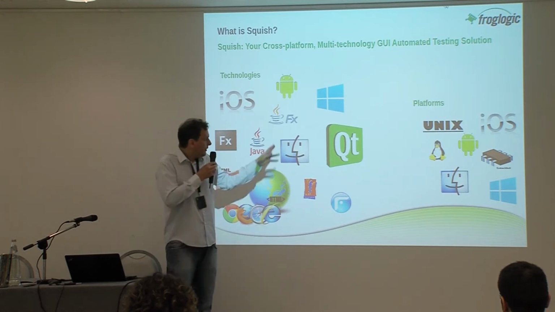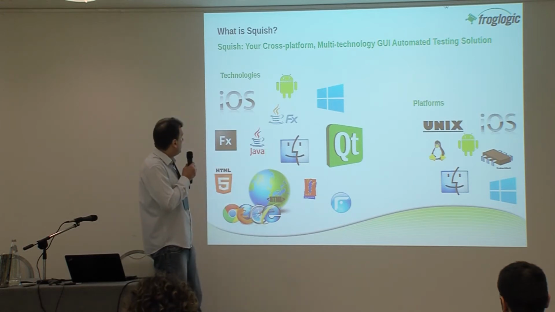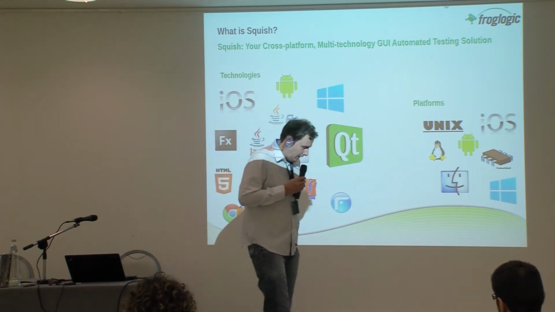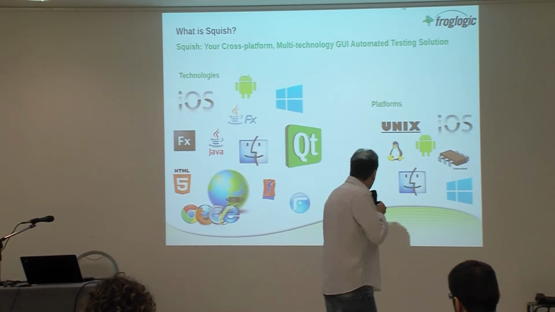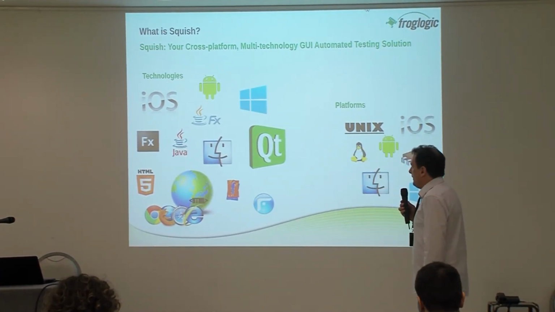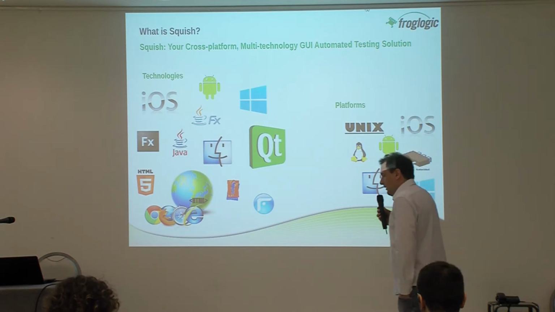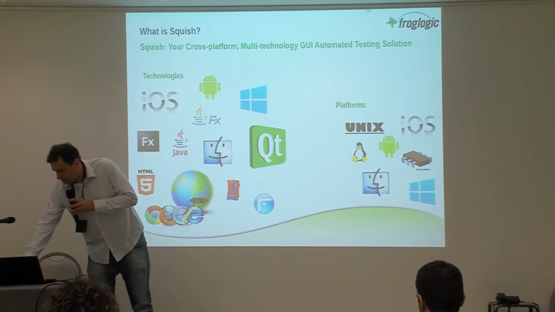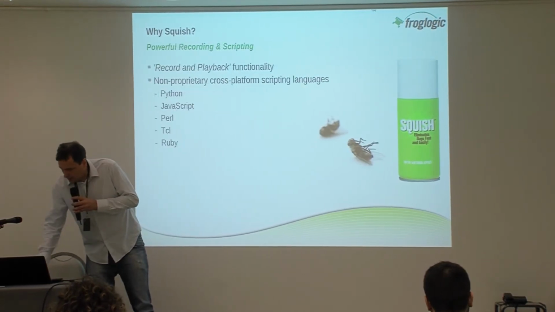We started with Qt about 11 years ago, but meanwhile we're also supporting native Windows applications, Android, iOS, web testing, .NET, and Java, but I'll of course talk about Qt only today, which is also what we love most.